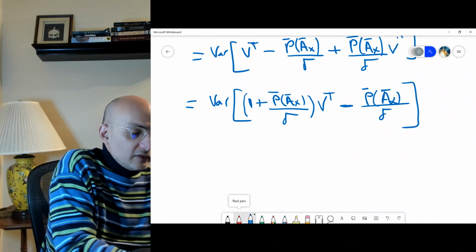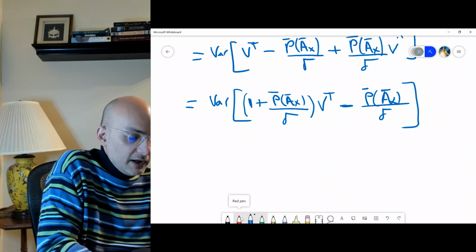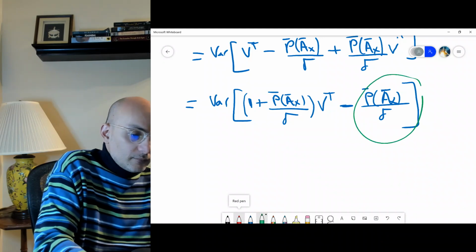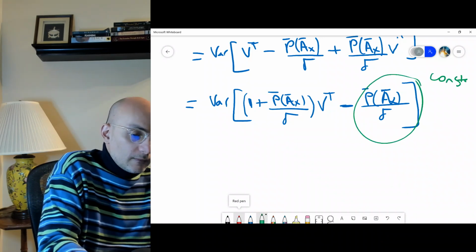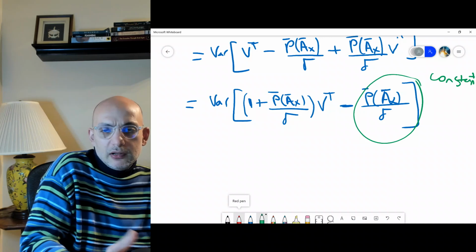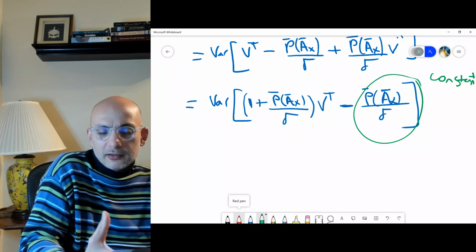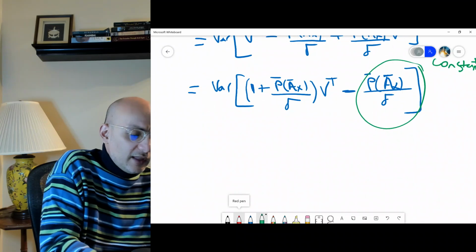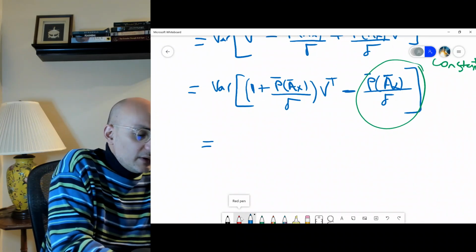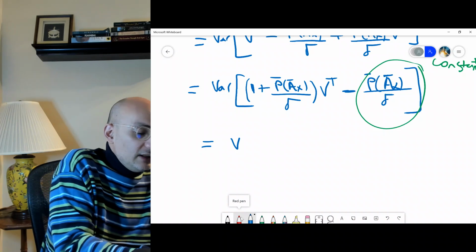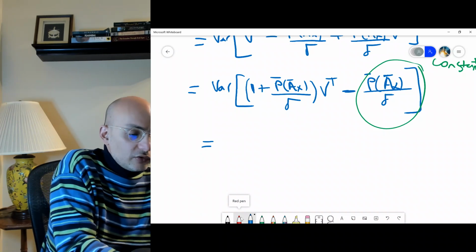Now this is easy, right? Because we take the variance of this one, we know how to take the variance of this one. This one is constant, right? And because the variance of x plus a, you drop the a, right? The constant does not add to the variation. So this one can be written, we can actually immediately do this. This is also constant here.